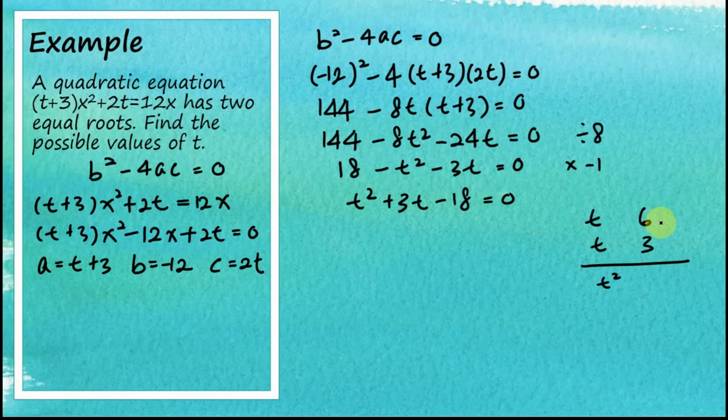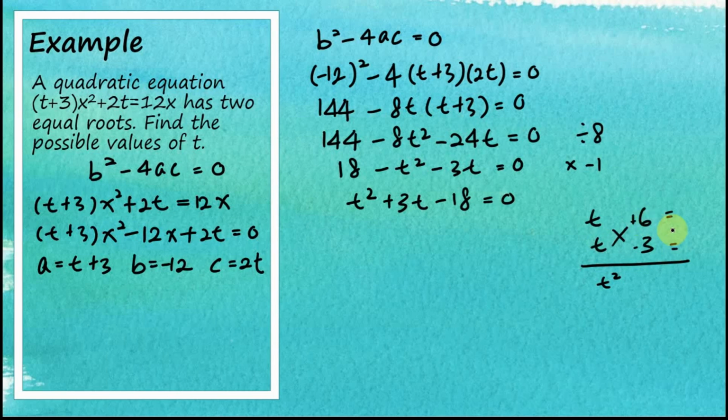Let's try this one first, and we have negative 18, which means one of them must be negative. Okay, so 3t is positive, so let's try positive 6 first. Okay, this is positive 6 and this is negative 3, and then we have cross multiplication.